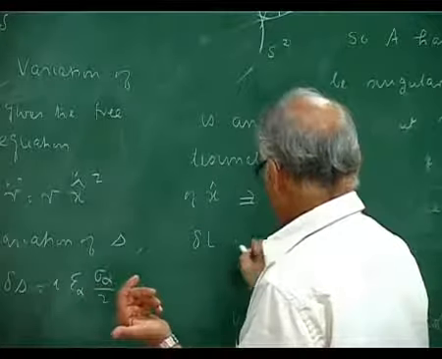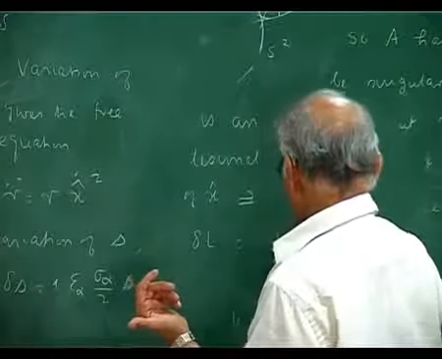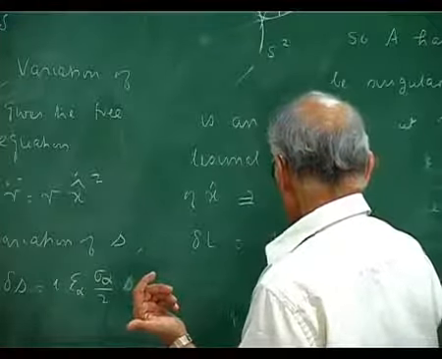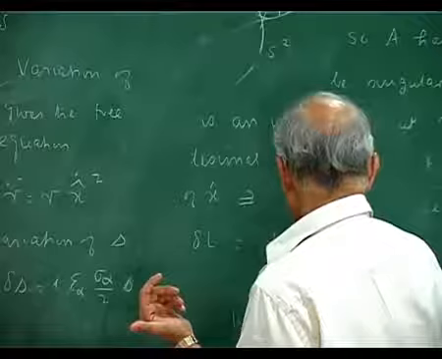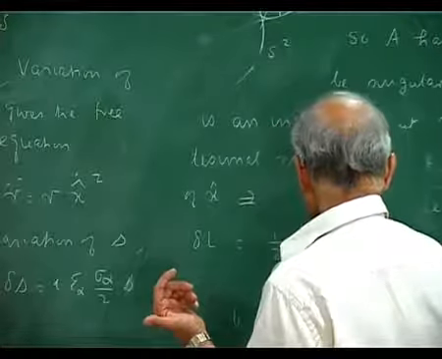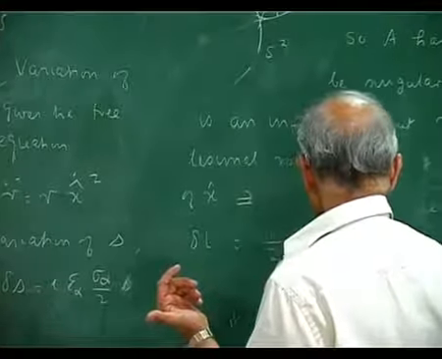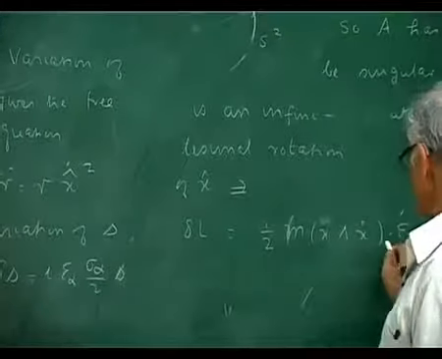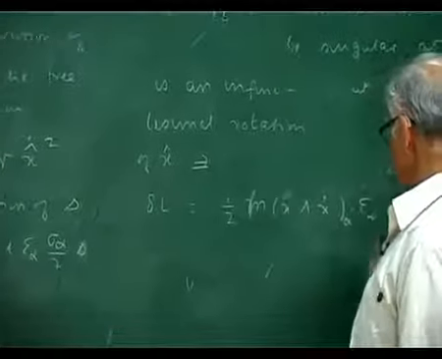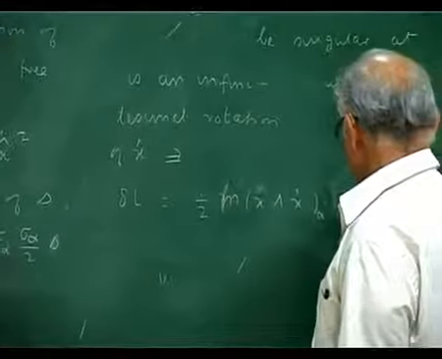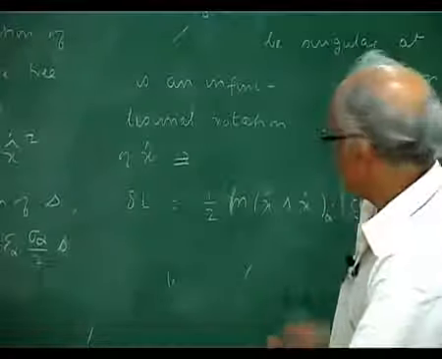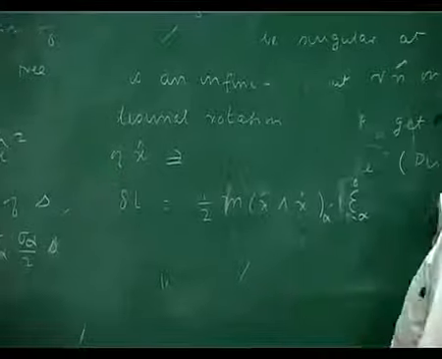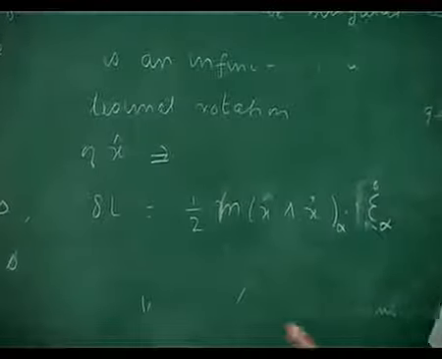So from the first term I will get the standard angular momentum, 1/2 of m x hat cross x dot, epsilon alpha dot, this is alpha, times d epsilon alpha time derivative, because the equation of motion for a free particle is the statement that orbital angular momentum is conserved.